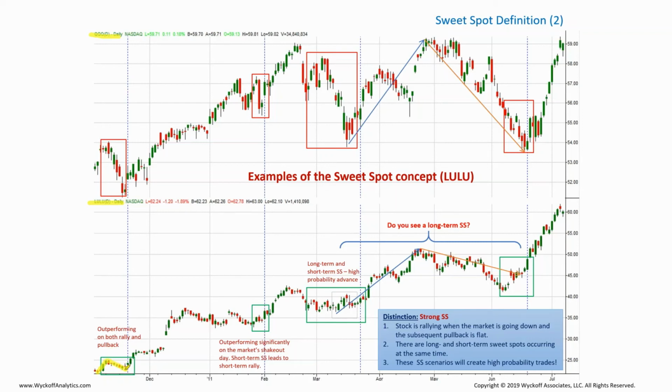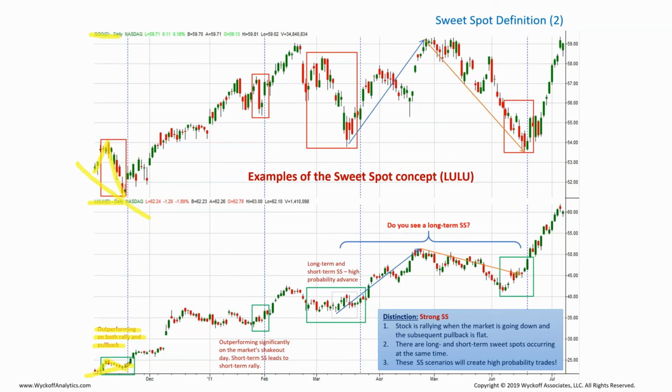The reaction is just very small. It's a high low, whereas the market is making a slope to the downside. So the stock is outperforming on both the rally and the pullback. What can we expect? Somebody's buying on the way up and somebody's not selling on the way down.